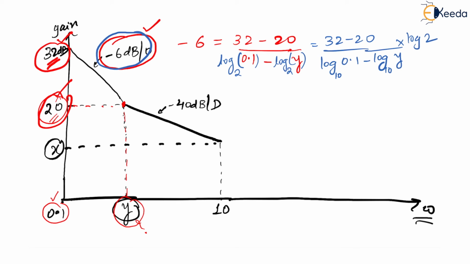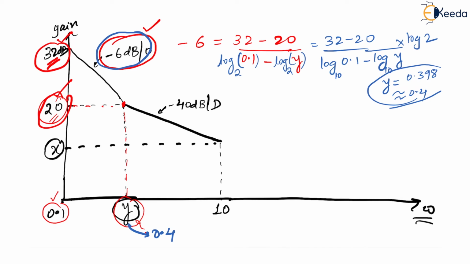You can do that, right? Because this is what you have already learnt in your 12th standard mathematics. So after solving this, you get y to be equal to 0.398, or let us say approximately 0.4. So now we have got this value, which is nothing but 0.4.